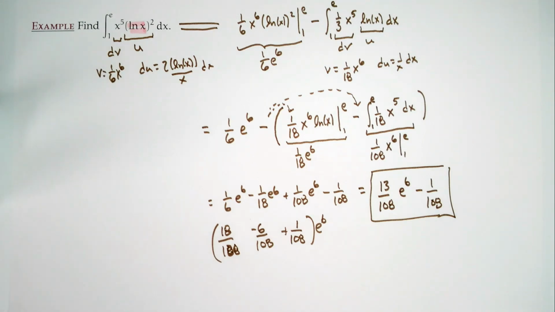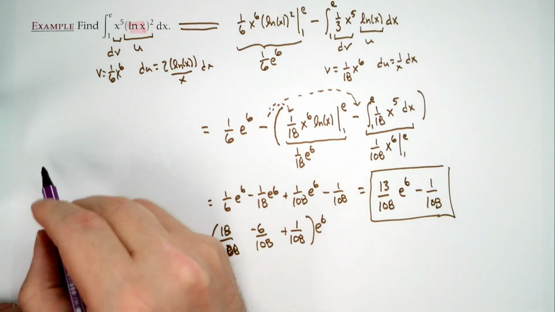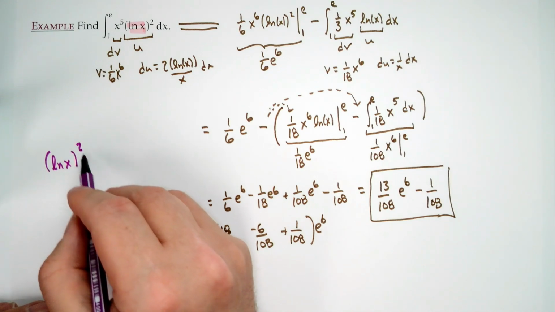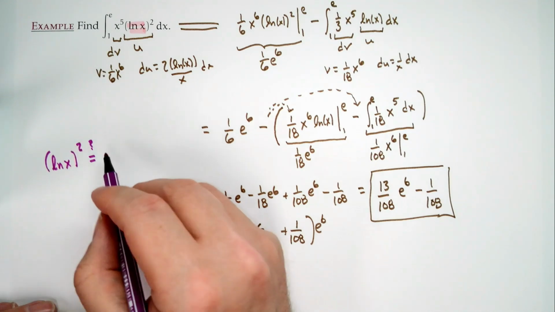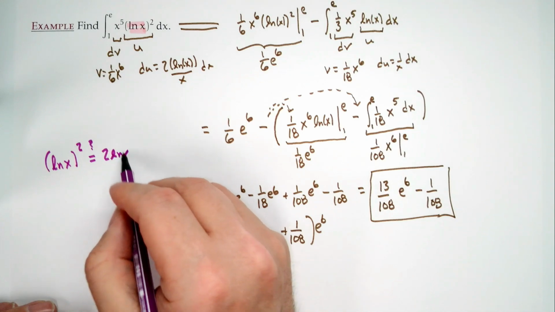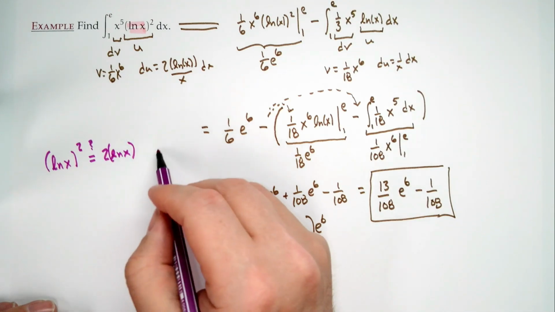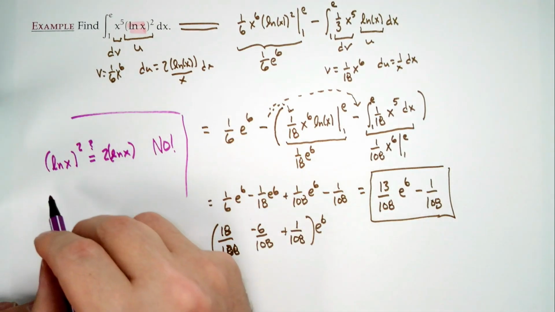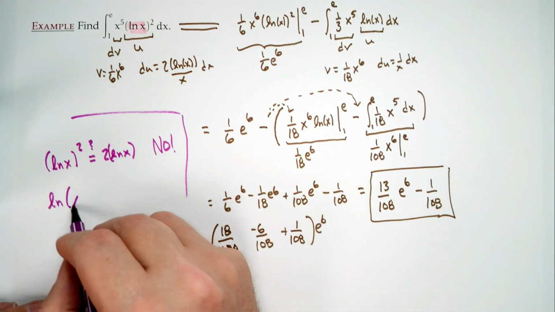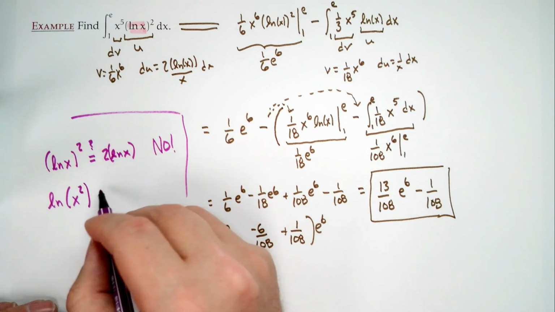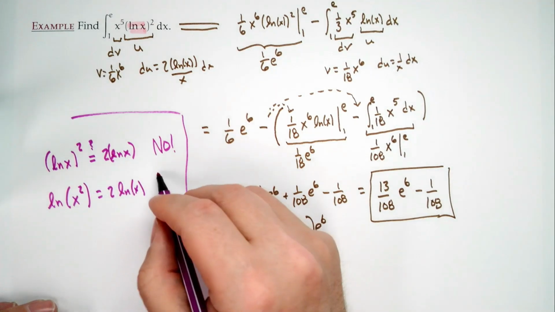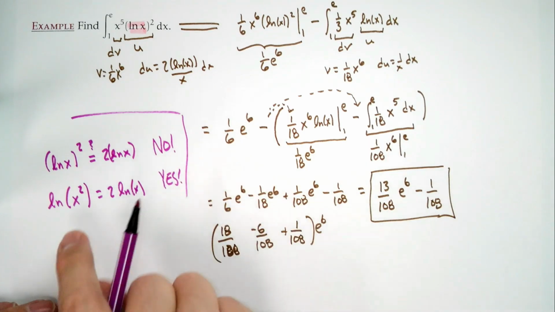Now be a little bit careful here. There's something that a lot of people might be tempted to do at the start, which is to say, hey, isn't it the case that the natural log of x squared is equal to 2 natural log of x? And the answer is no. What is true is that the natural log of x squared equals 2 times natural log of x. So this is a yes.